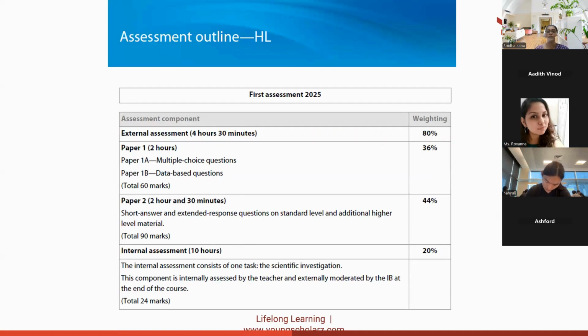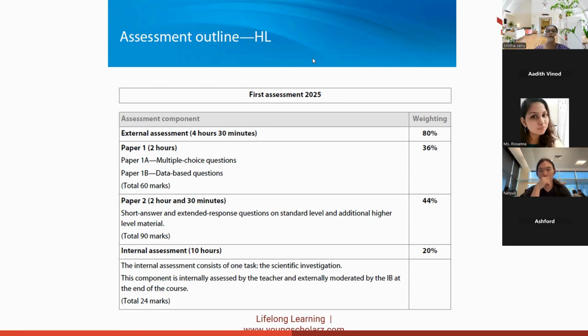Okay, so let's see now the paper pattern, how it is for HL. As you can see, for HL students, you will have paper 1 split into 2 parts. The first part is multiple choice questions, which would be for 40 marks. You will have 40 questions. And the next is a 20 marks data analysis question.